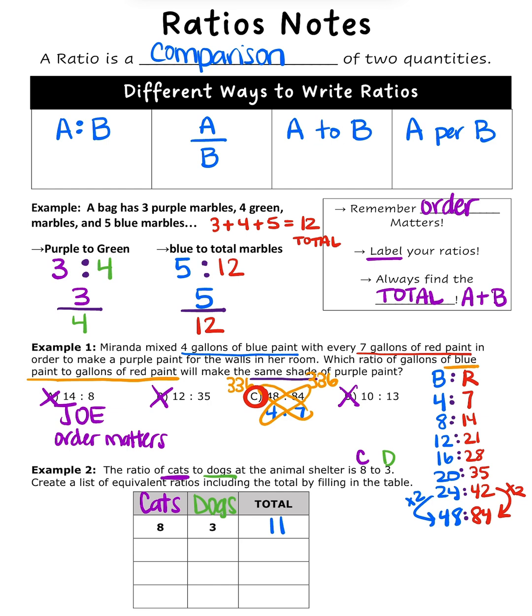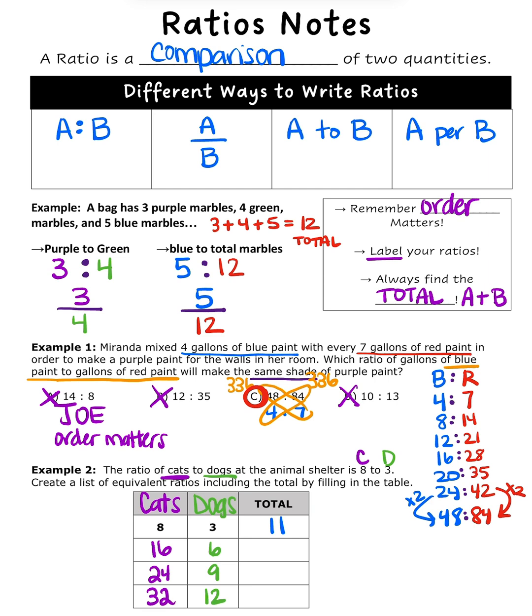So let's make our ratio. So let's skip count our cats. So 8, 16, 24, 32. We can skip count our dogs. 3, 6, 9, 12. And you have two options for finding total. You can add these guys to make total.